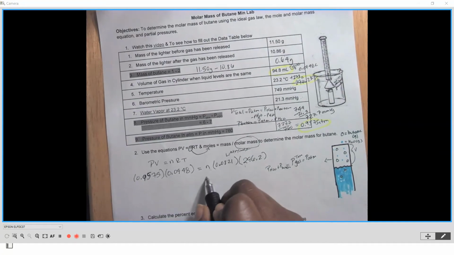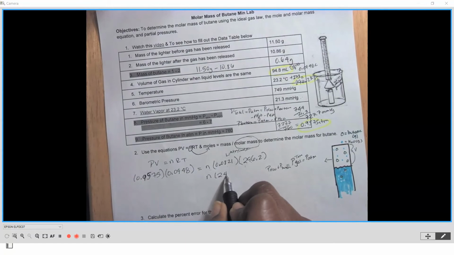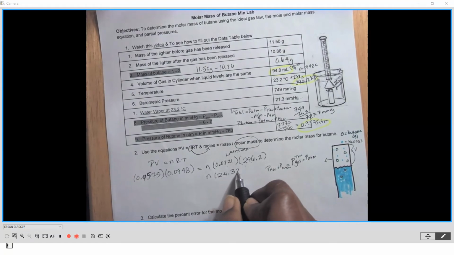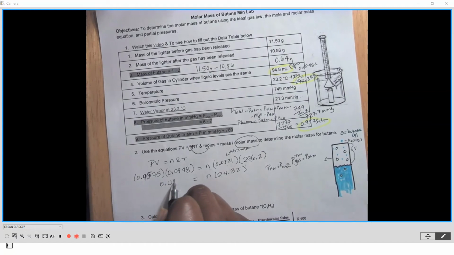We're going to multiply these things out. So on this side, I have moles, and when I multiply these two numbers, times 24.32. And over here on this side, when I multiply 0.9575 and 0.0948, I get 0.09077.